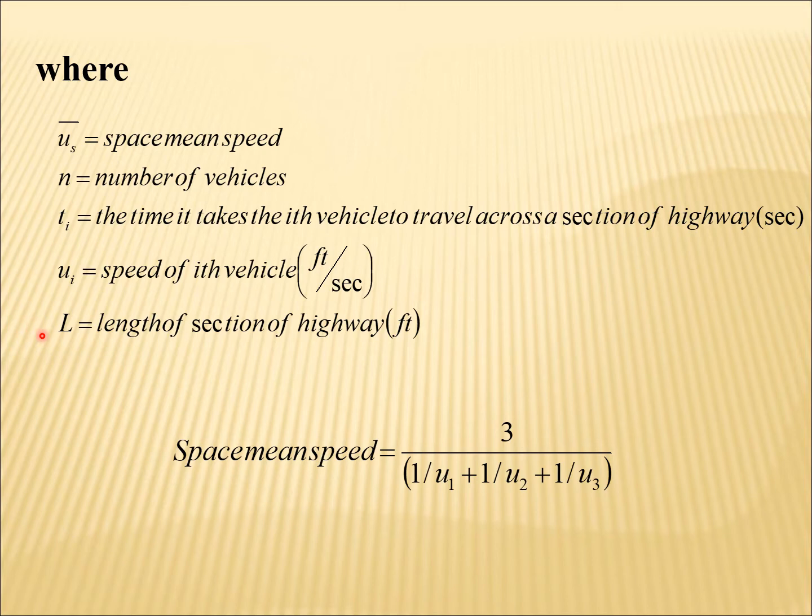So just look at this example. Let's say there are three vehicles. So you can see the number of vehicles is in the numerator, and in the denominator we have 1 over u1 plus 1 over u2 plus 1 over u3, and u1, u2 and u3 are the speeds of the three vehicles.